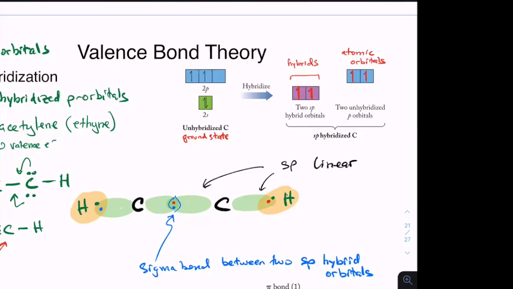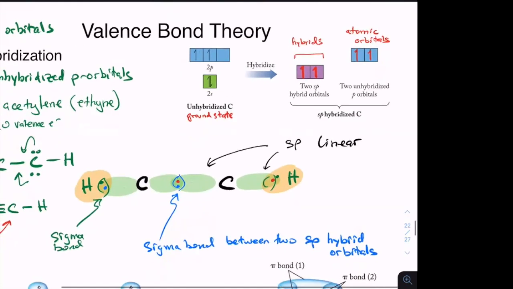So here we have a sigma bond, and that one's formed between an s orbital and an sp hybrid orbital. But as you already know, there's lots of ways that you can make sigma bonds. Okay, so that explains all the hybrid orbitals and the bonds that it makes with the hydrogen.